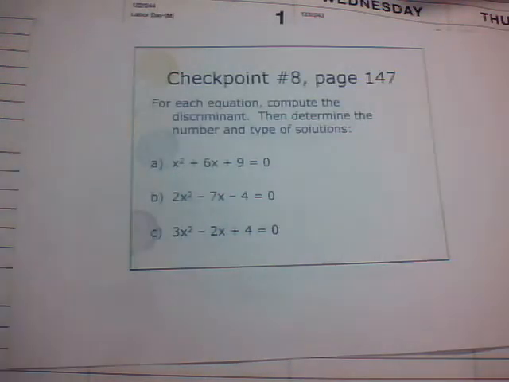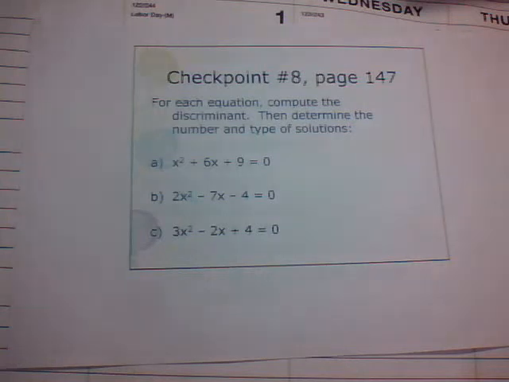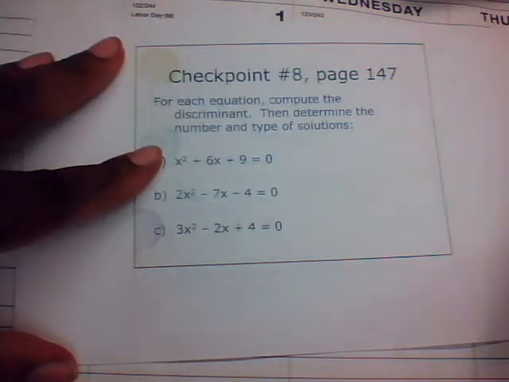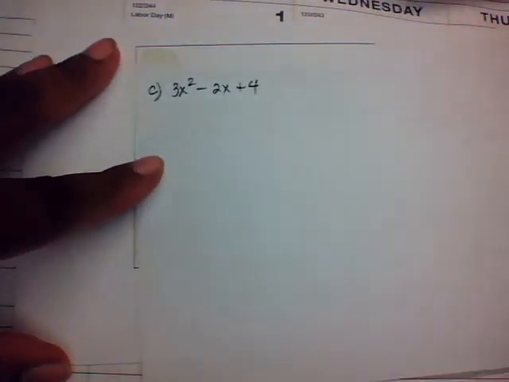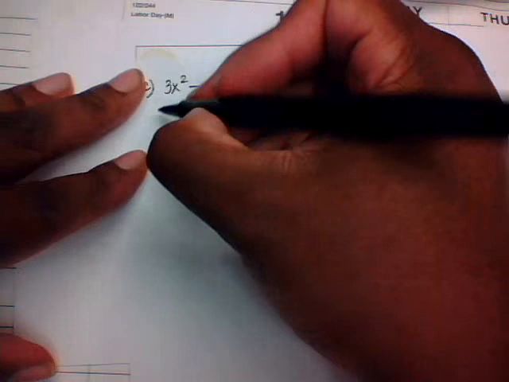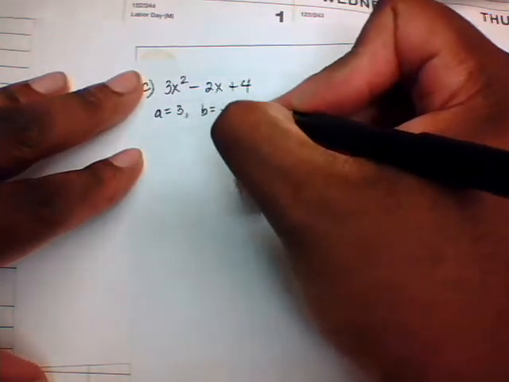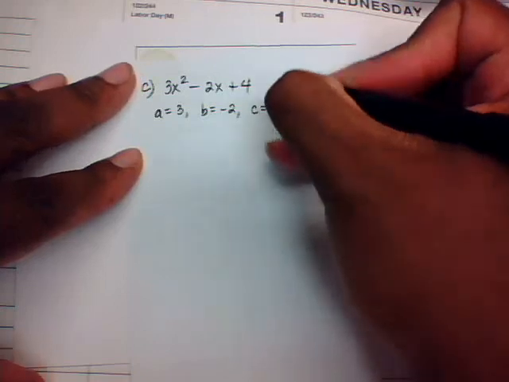Okay, and finally, part C, we've got 3x squared minus 2x plus 4. And here we want to find the discriminant and then determine the number and the type of solutions you're going to have. In this case, our a is 3, the b is -2, and c is 4.